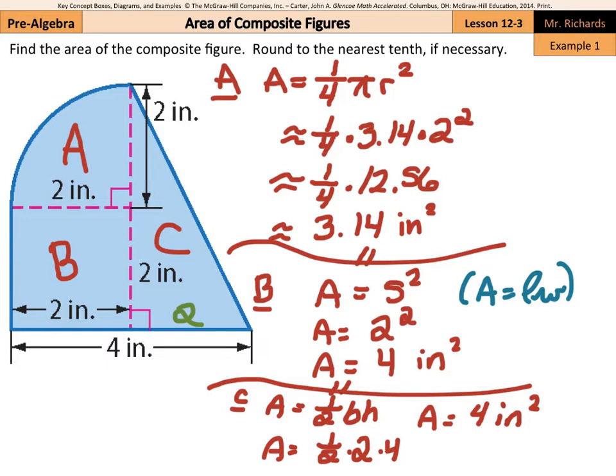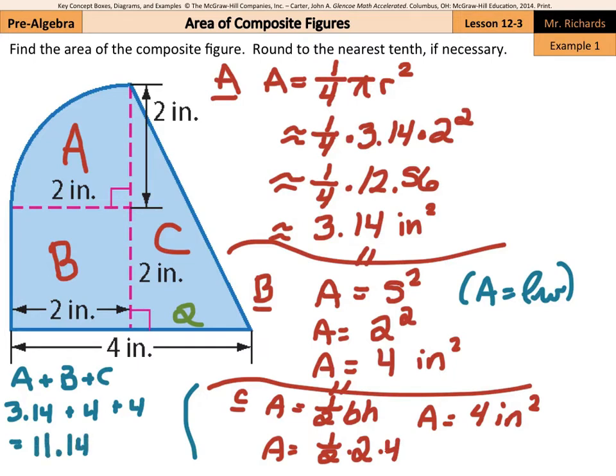Now for my last step, I need to take the area of A, add it to B, and add it to C. So 3.14 plus 4 plus 4 is going to be my solution. This turns out to be 11.14. And when I round this to the nearest tenth, the 4 in the hundredths spot is not going to round this up.